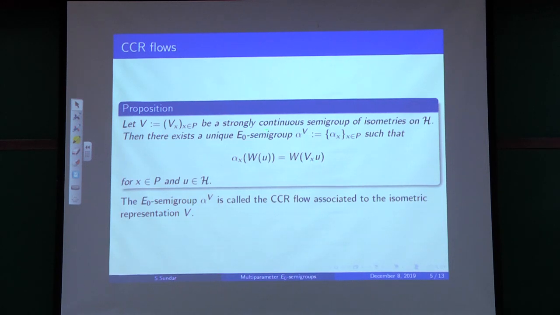What do I mean by a strongly continuous semigroup of isometries? For every x you have an isometry V x, and it's a semigroup, so V x V y is V x plus y, and it is strongly continuous. So you can prove that given a strongly continuous semigroup of isometries, there is a unique E0 semigroup on the bounded operators on the symmetric Fock space.